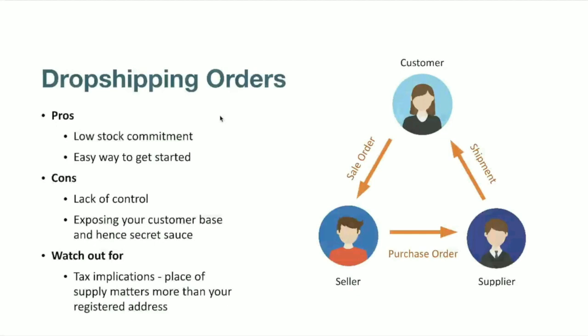So this is something that's important for you to figure out. Talk to your accountant and have clear rules as to what states you are going to trade through and what states are not worth the effort, right? So this is something which is important for you to figure out, and embed into your business.